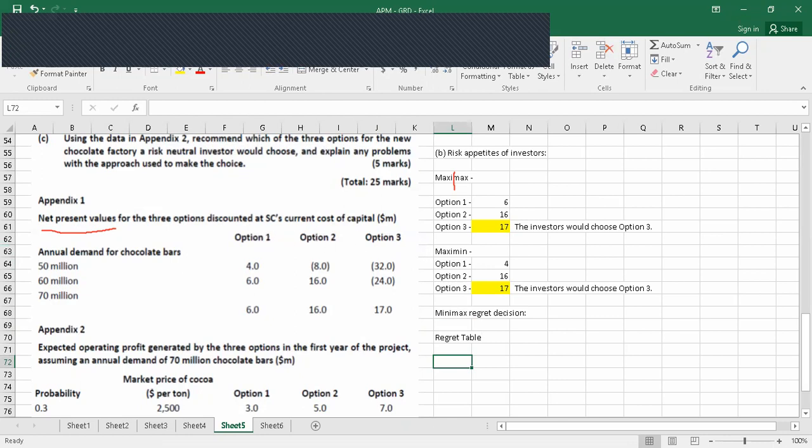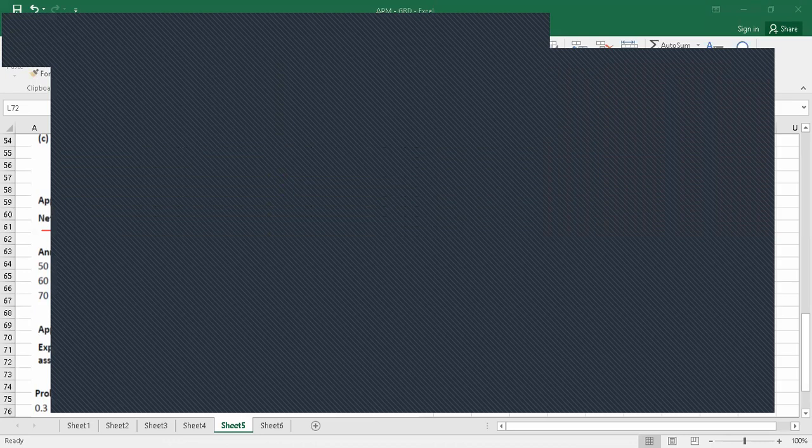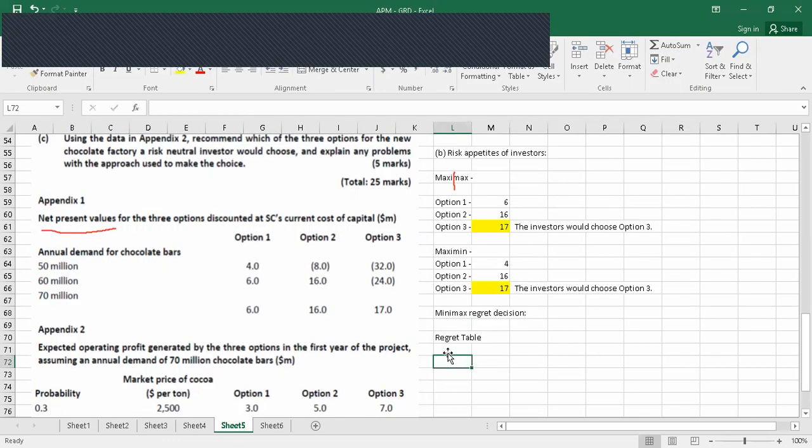Then the demand for the products is there as 50 million. So let's write this one. So demand is 50 million, $60 million, then 70 million.